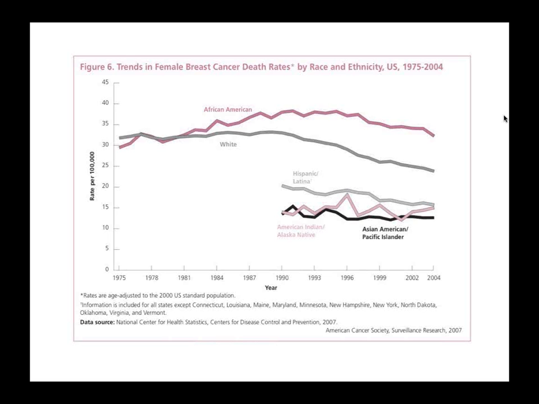But you can see that African American women are certainly much more likely to die of breast cancer compared to white women, and they have the highest rates of death from breast cancer of all ethnic and racial groups. I think that as you go deeper and look into the different incidence rates for each cancer type, you'll see similar trends like this, that there are differences in incidence as well as mortality depending on the ethnic and racial group.